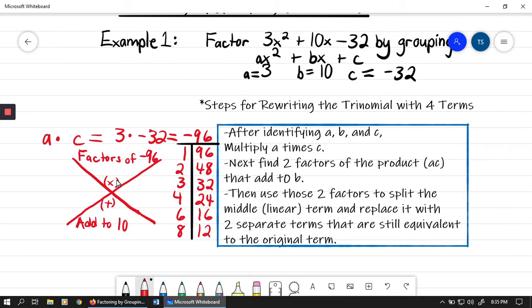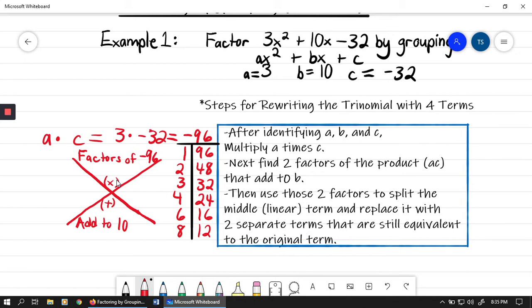These are the factors of 96. So we're trying to find 2 factors of negative 96. So they have to multiply to give you negative 96, but they have to add to give you 10.